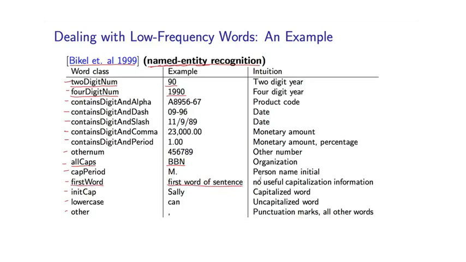That's essentially because even though that word is capitalized, the capitalization information is not that useful in that case, because all words at the start of a sentence are capitalized. Any word whose initial letter is capital, but whose other letters are not capitalized, is mapped to init cap, and so on and so on.